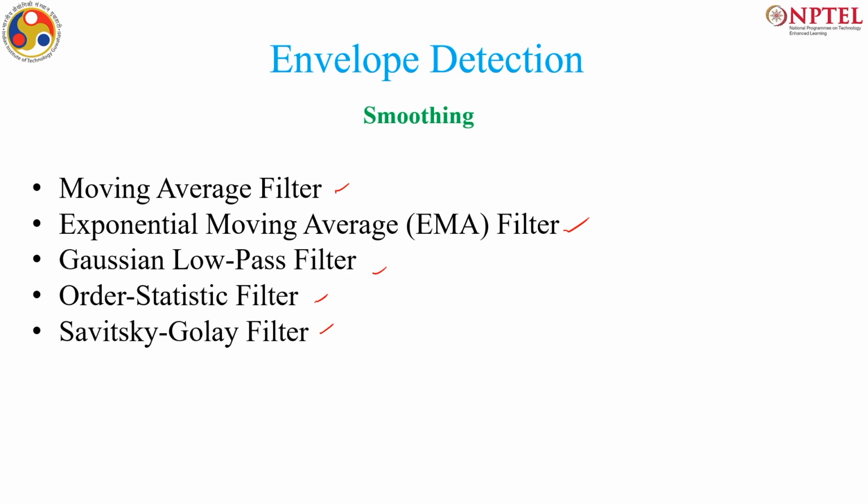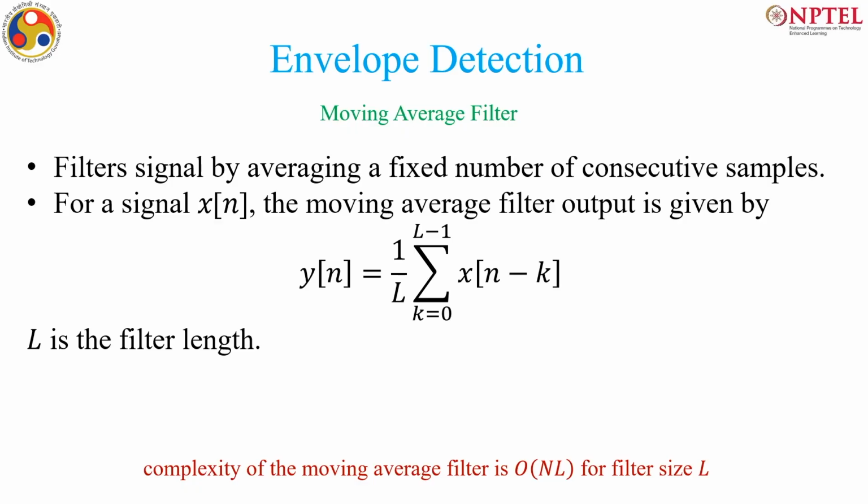Now, those who are very familiar with Python based signal processing will use the Savitzky-Golay filter a lot in their smoothing operations. So, let us understand these things. First, the moving average filter. As the name suggests, we take the average and then that central value of the signal is replaced by its averaged value. Typically, if I have a kernel, say I want to do an average for a window of length 3, say L equals 3.